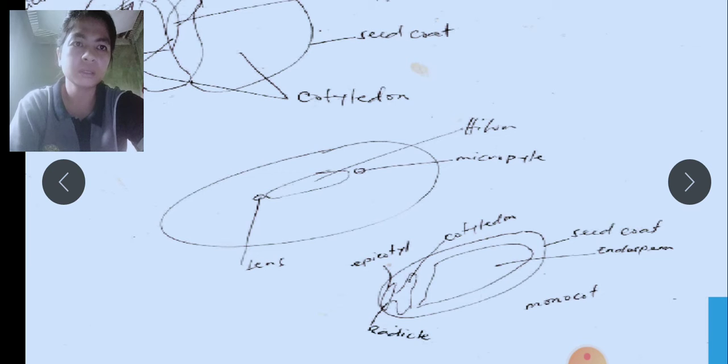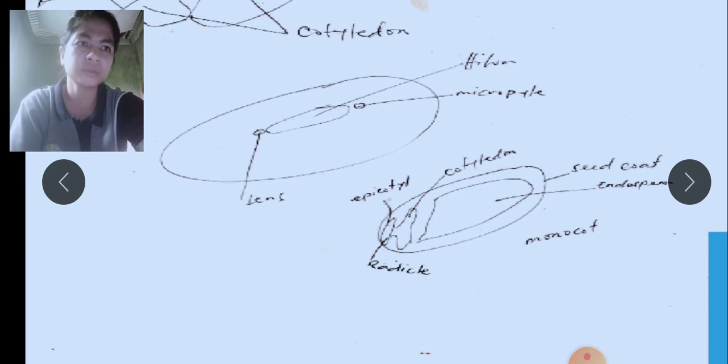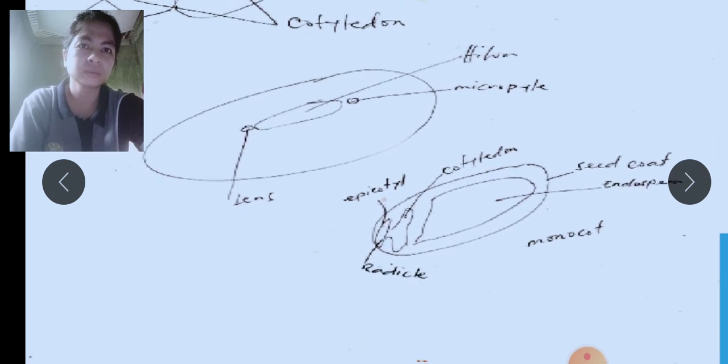And then the second part is of course the endosperm. It's a tissue that contains oil, starch, and protein. There are some seeds that during maturity completely absorb their endosperm, in the case of pea, groundnut, and gram.